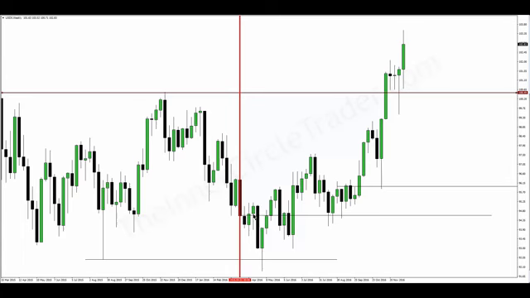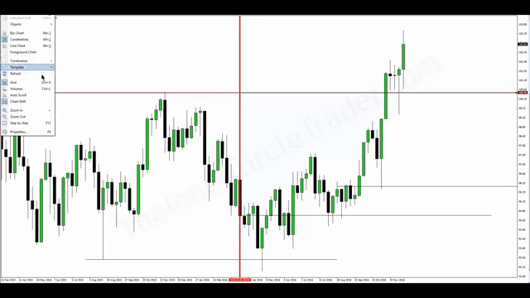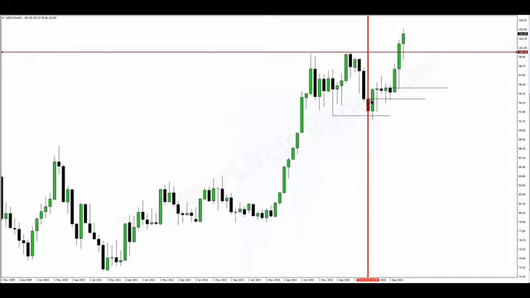So how many times did price move away from this down candle? It's identified again. We're going back out to a monthly chart. That's this level here. So in May, price validated that order block.